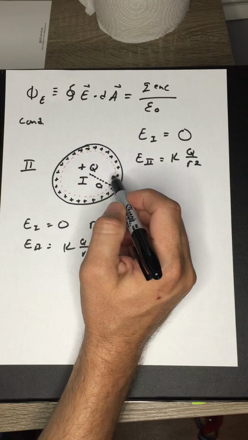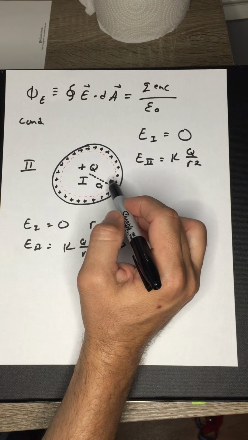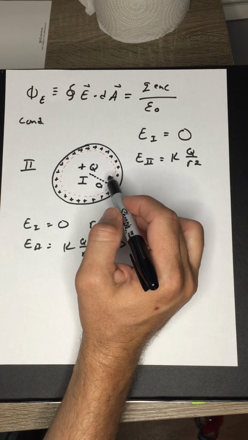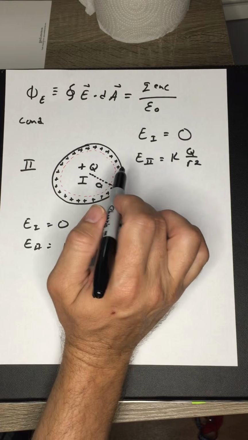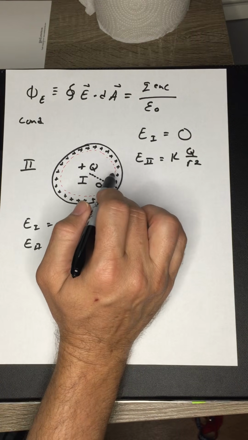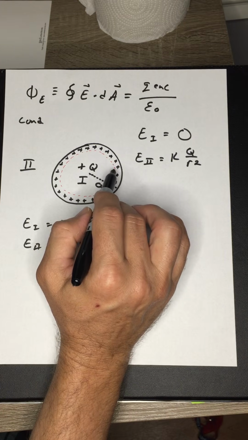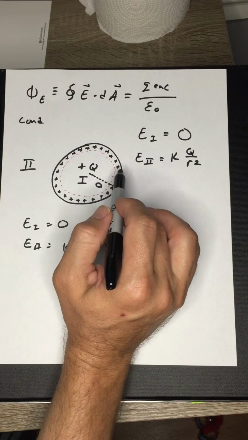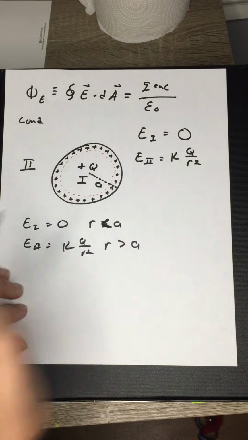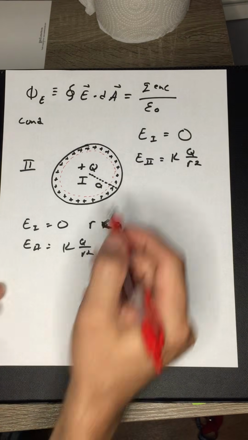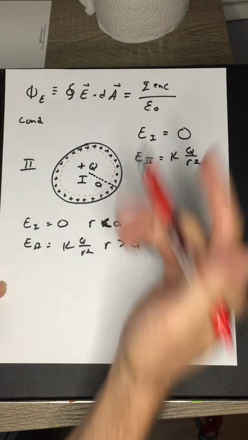So I'm going to draw this inside, as arbitrarily close to these charges as I want to, and yet not including those charges. To include those charges, if they're truly residing on the surface, I'd have to draw this Gaussian surface outside my sphere. But I'm going to draw it inside the sphere, right up to those charges, but not including them.